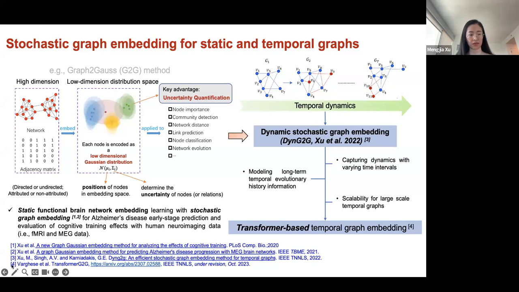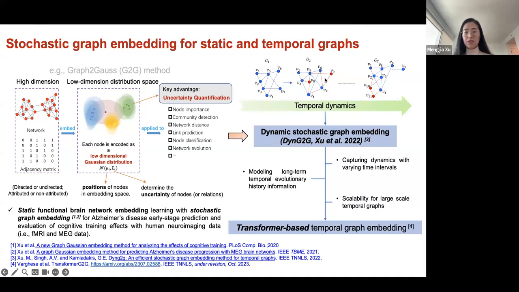And the last two papers, on the right side, correspond to stochastic graph embedding methods we also studied for temporal graphs, because in many real-world data sets the graph is changing over time. So it's very important to capture the temporal dynamics over time. This figure shows the different time steps, different graph snapshots over time.